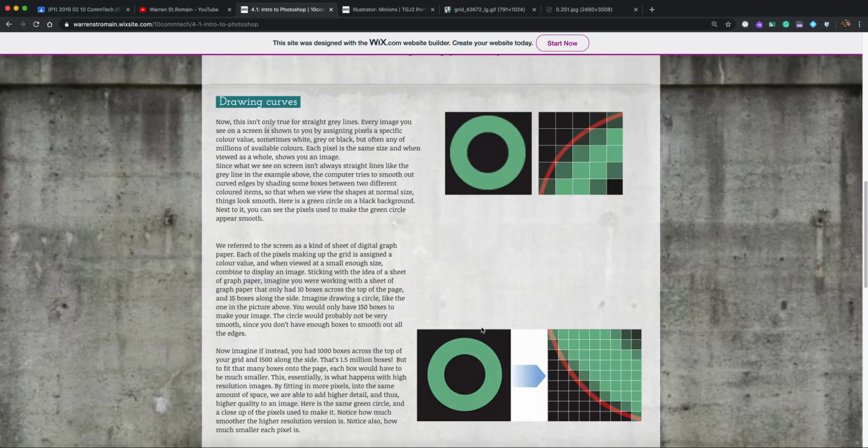So, for example, here we've got, say, 1,000 boxes across the top and 1,500 along the side, so a rectangle that's taller than it is wide. That's 1.5 million boxes. Here we had 81, here we had 25, and now 1.5 million pixels.